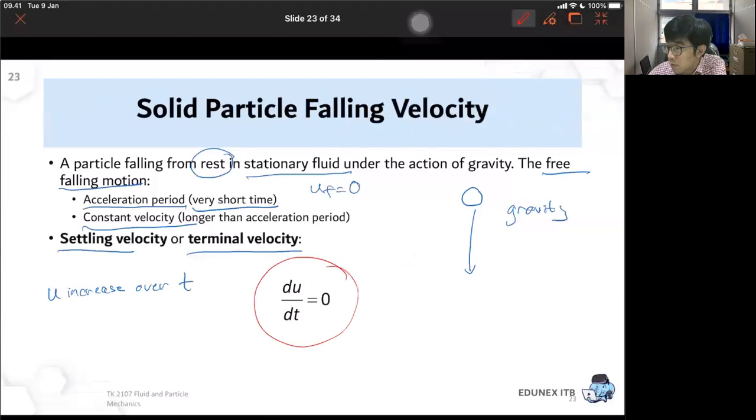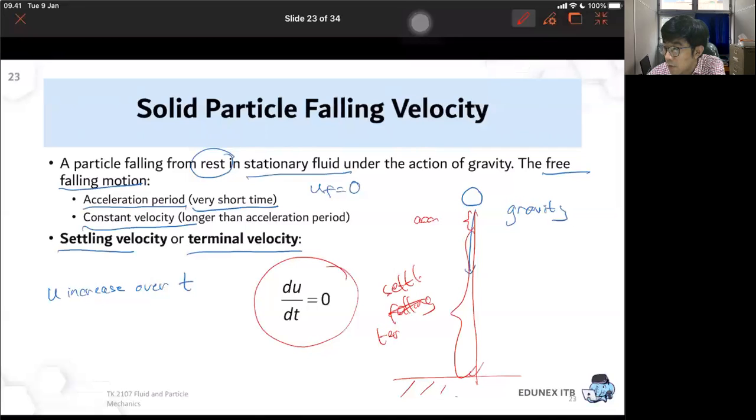For example, this is the ground and the particle is falling. So this is the time boundary, right? This one is the acceleration, and then this one is the settling or terminal velocity area, the constant velocity.